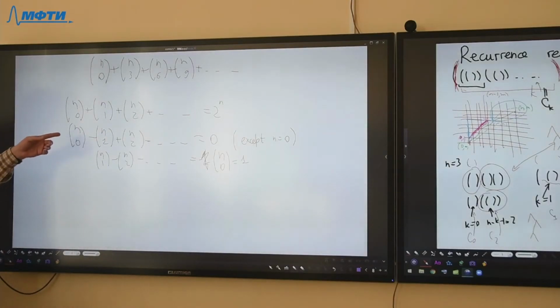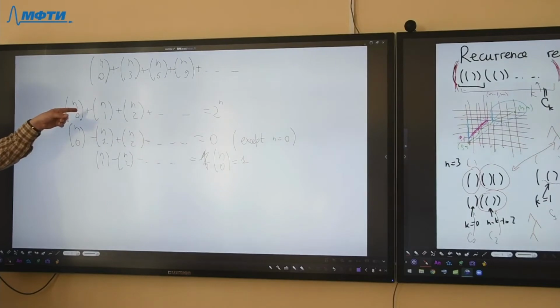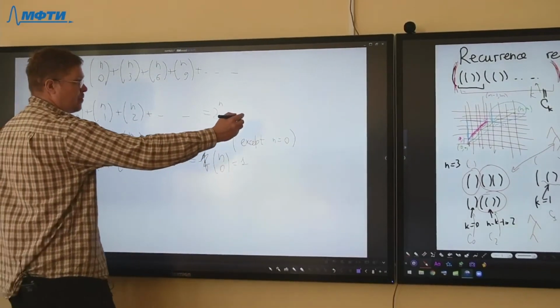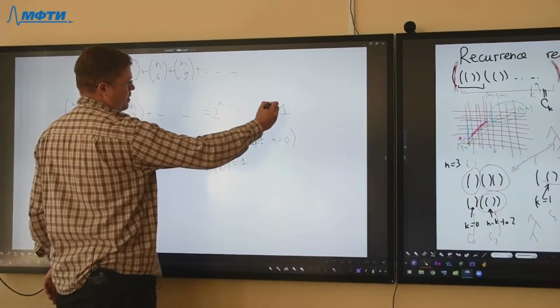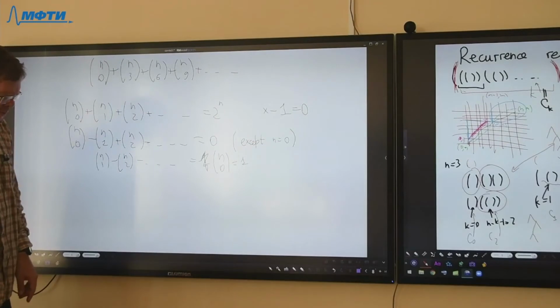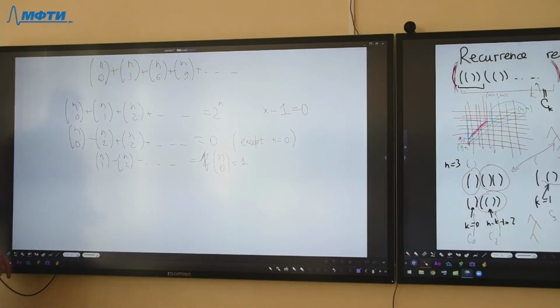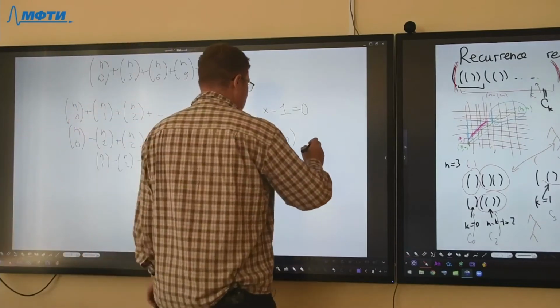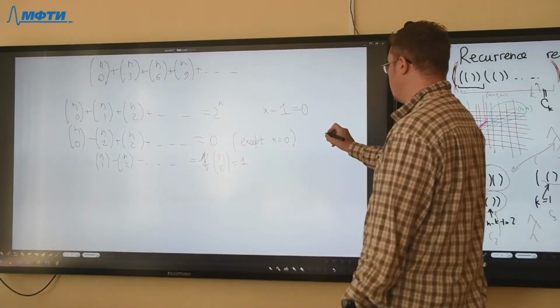Okay, so here we have the roots of unity. You have the root of degree 1 from the 1. Here 1 is the root of degree 2.